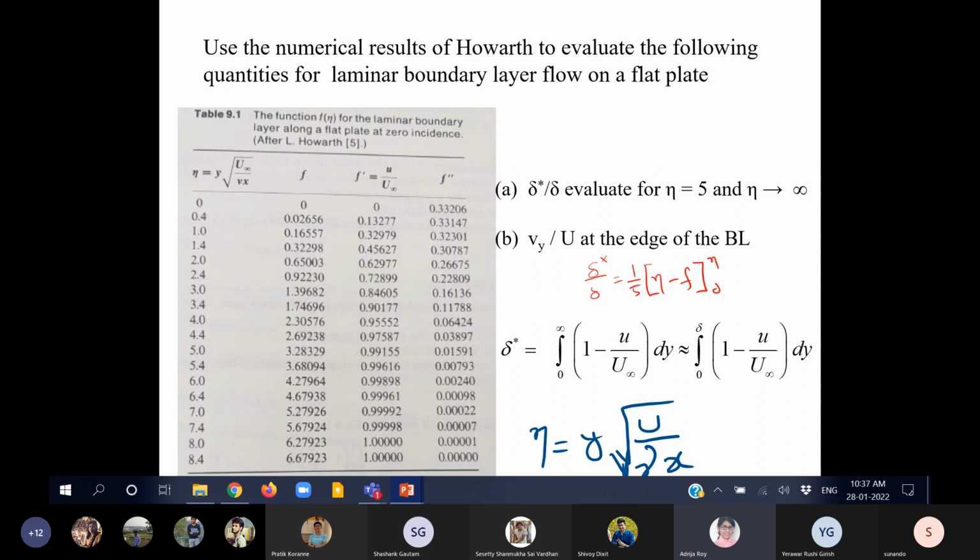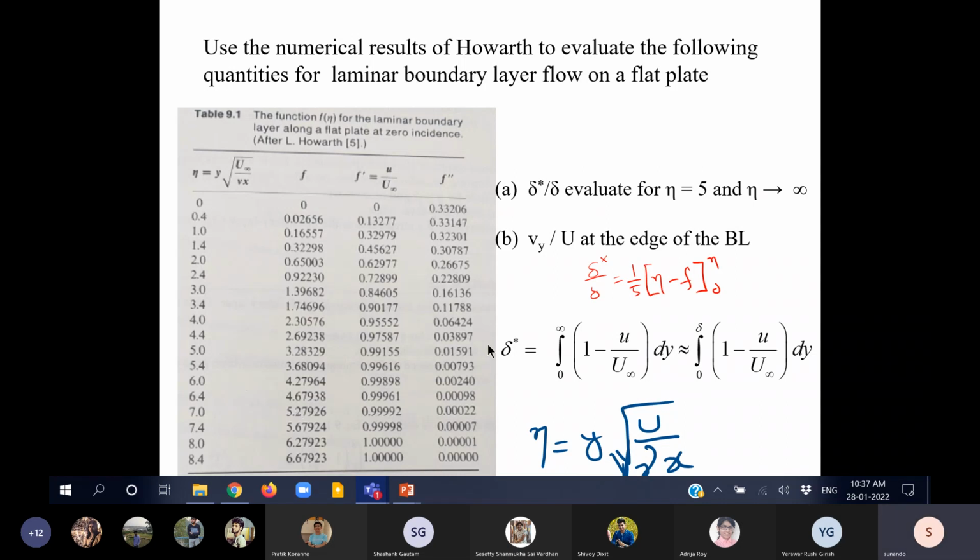Anything beyond eta equals 5 can be considered infinity, because the free stream velocity won't change. I agree with you, but do you mean to say that if I say 5 here, the corresponding value of f is going to be 3.28? But let's see if I take 7, and this becomes 5.27.